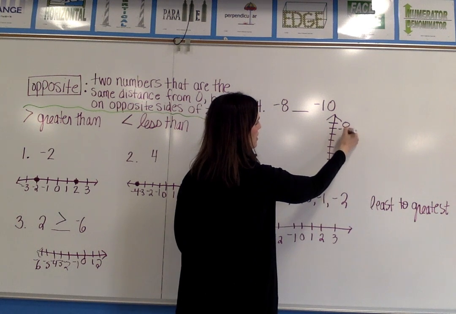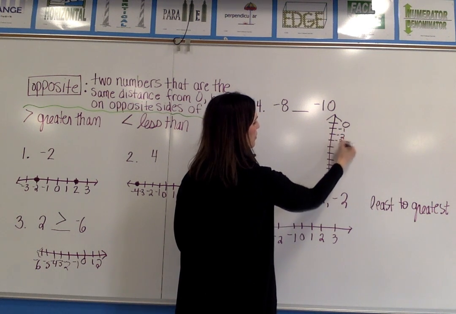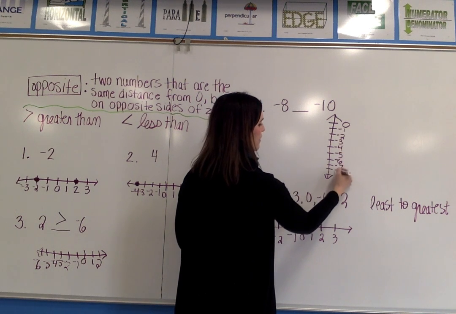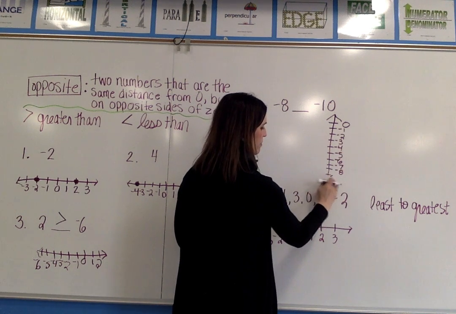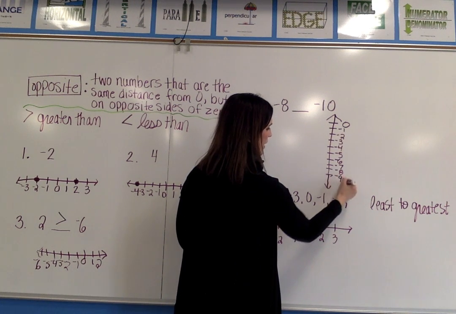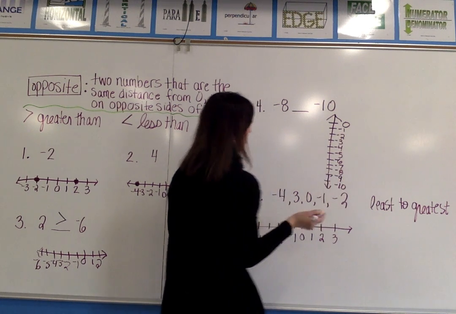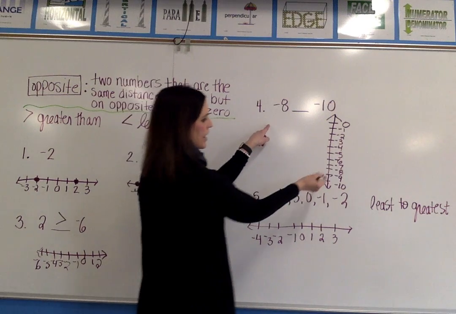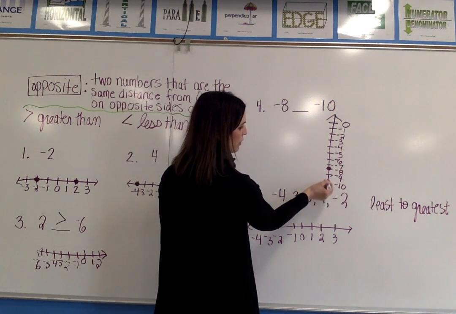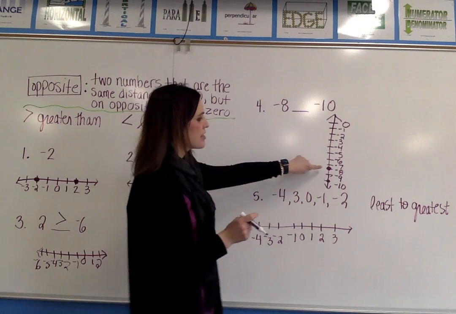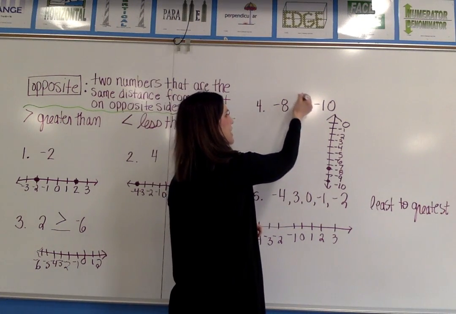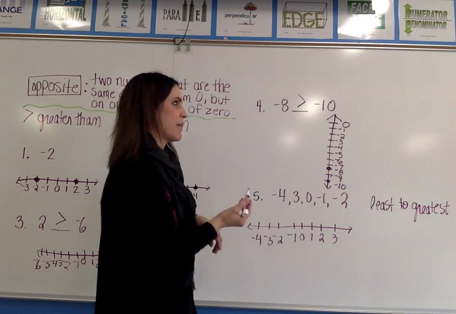So I have -1, -2, -3, and I'm going to keep doing that. -6, -7, -8. I have to make mine a little bit longer. -9, -10. So if I use that to help me, for -8 I plot a point here, and -10 is 2 below -8. So since -8 is closer to 0, -8 is greater than -10.